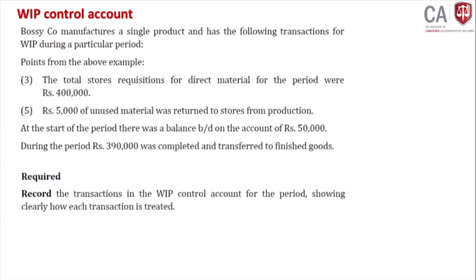WIP control account. The company manufactures a single product and has the following transactions for WIP during the particular period. Now they are asking for the WIP control account. I will keep these here because it is important, right? And prepare the WIP control account.